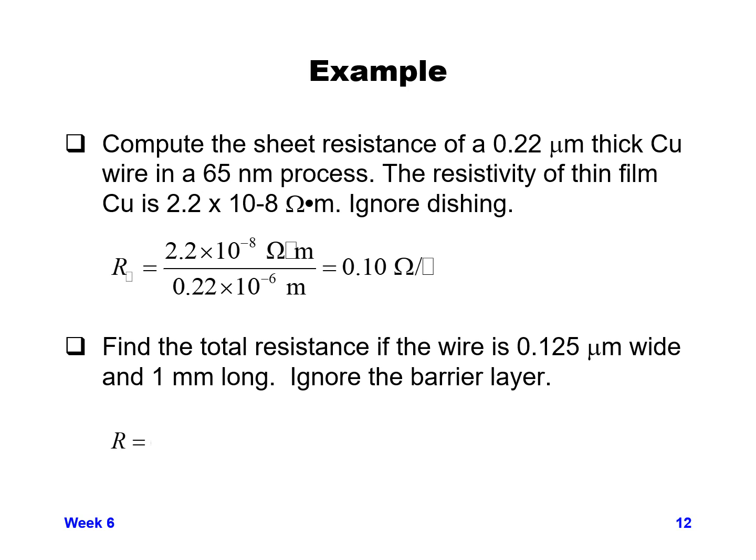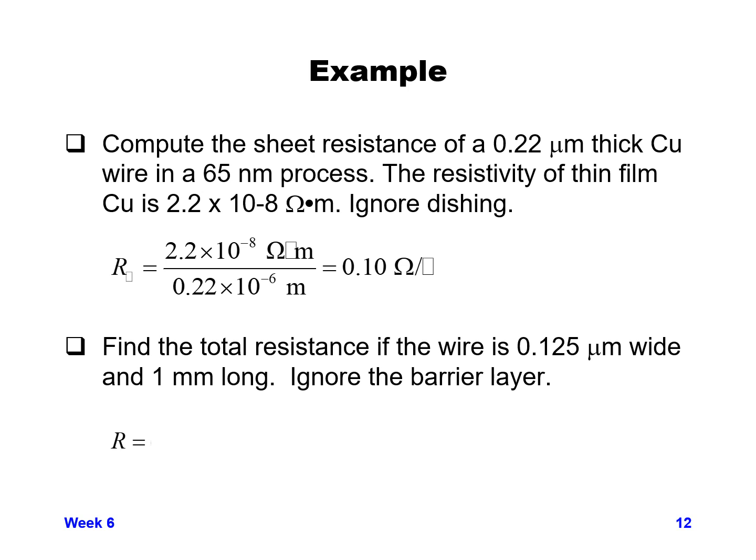The thickness in meters is 0.22 times 10 to the minus 6, because it's 0.22 micrometers thick. So take 2.2 times 10 to the minus 8 divided by 0.22 times 10 to the minus 6, and we get a sheet resistance of 0.1 ohms per square.